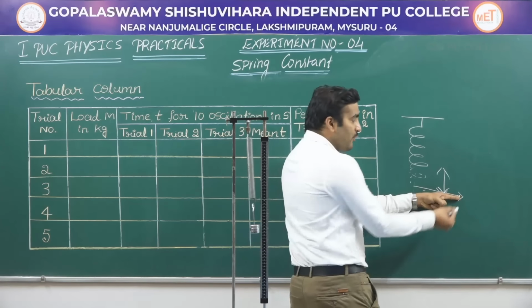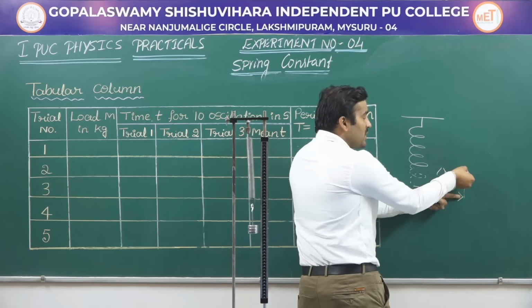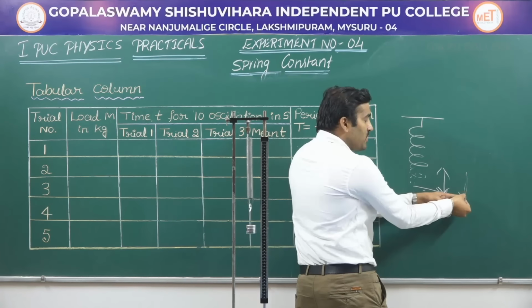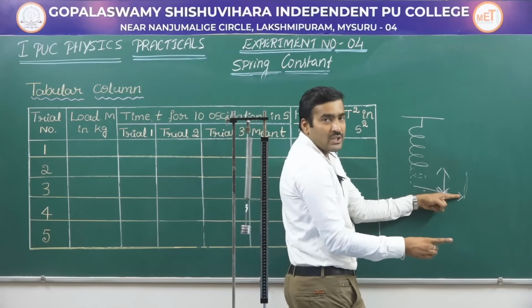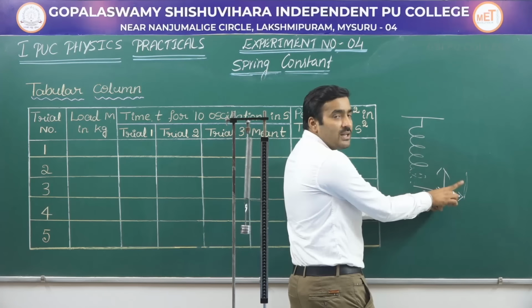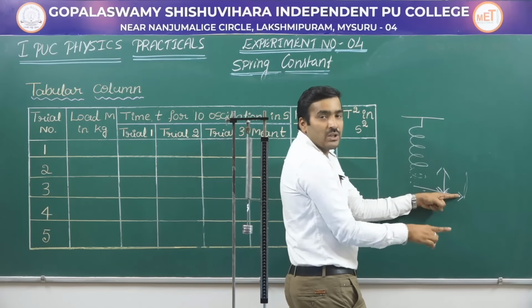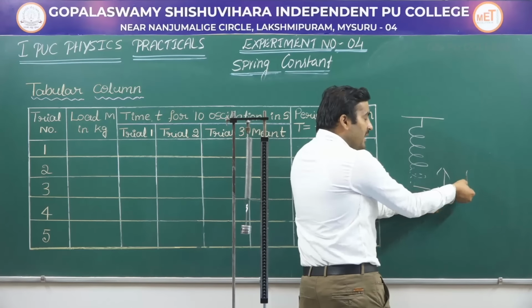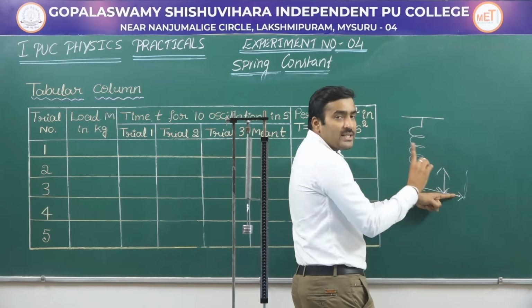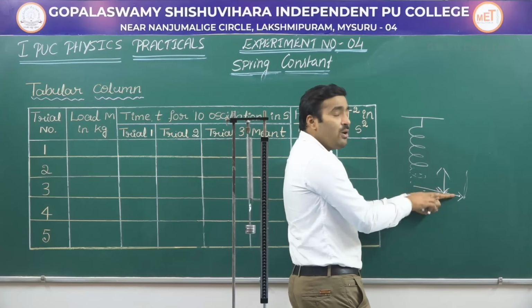Once the spring goes up and comes back to the same position, it has completed one full cycle, or one oscillation. Once it starts from this lower point, goes up and comes back to the same position, it has completed one oscillation. That is how you have to count.